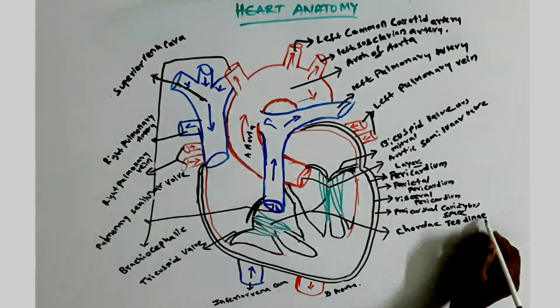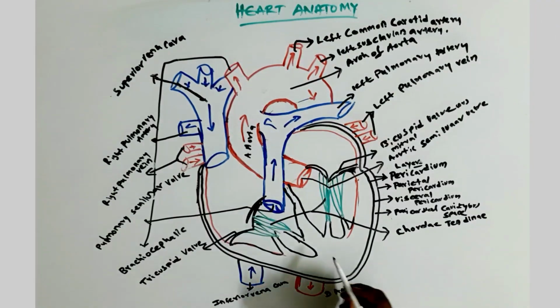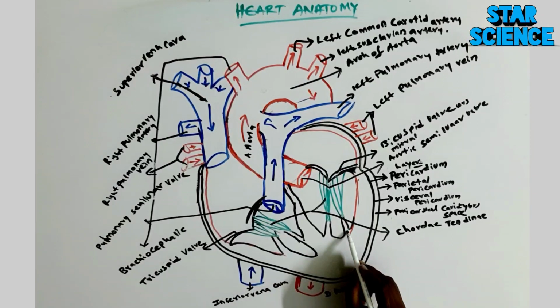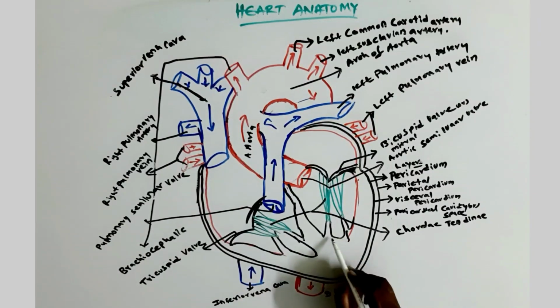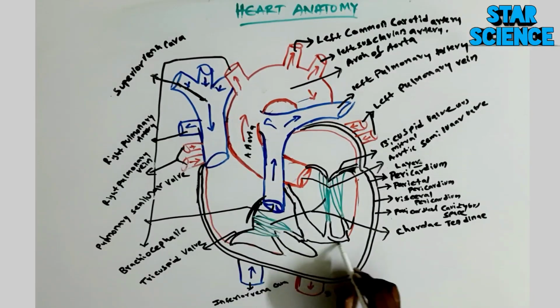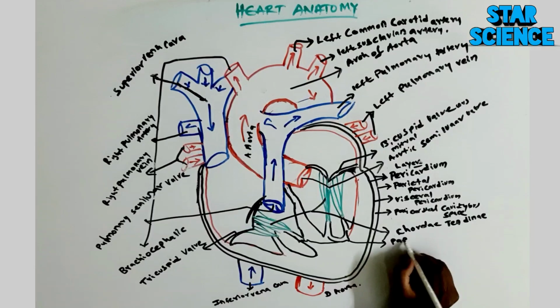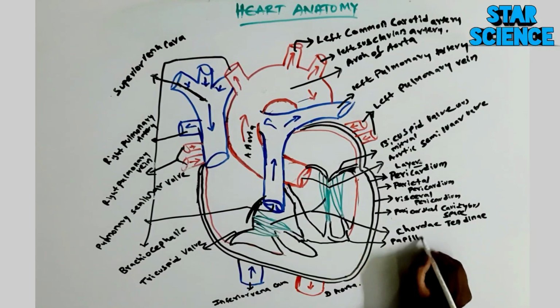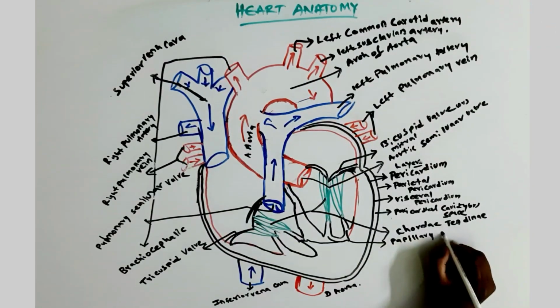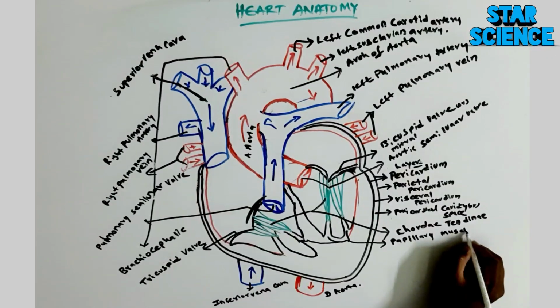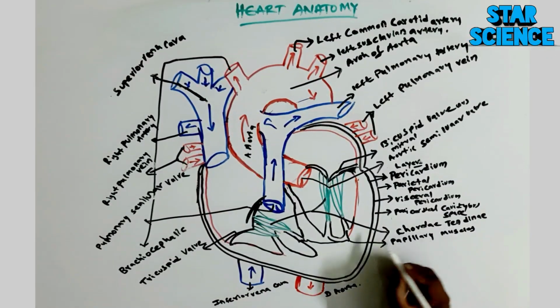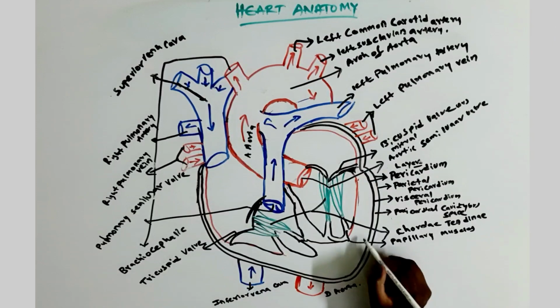To prevent backflow of blood to the atrioventricular region, this opening and closing is very important. Now I am showing you in black color, the chordae tendineae are attached to the atrioventricular valves, and down below they are attached to the papillary muscles, which are attached to the inner layer of our heart.